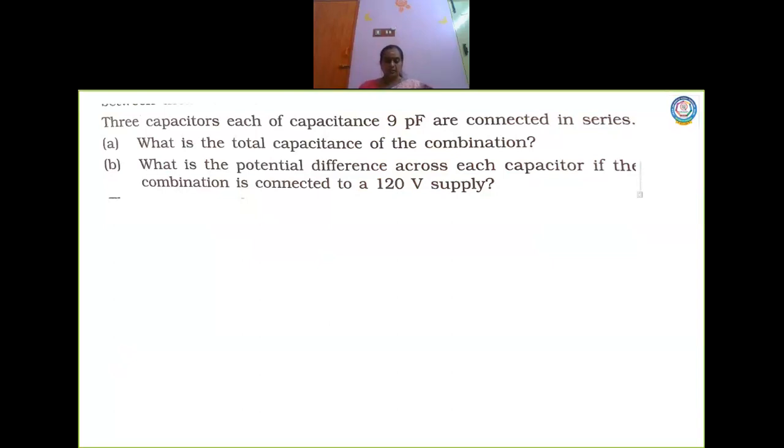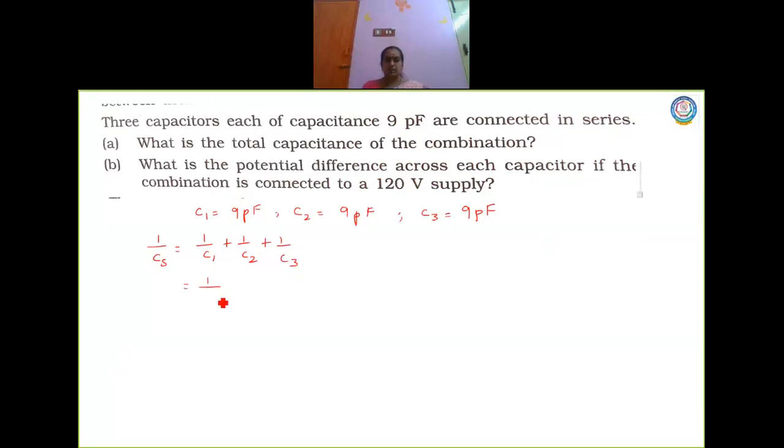So what is the value of the first capacitor? C1 is 9 picofarad, C2 is also 9 picofarad, C3 is also 9 picofarad. They are connected in series. What is the total capacitance? What is the formula? 1 by Cs is equal to 1 by C1 plus 1 by C2 plus 1 by C3.